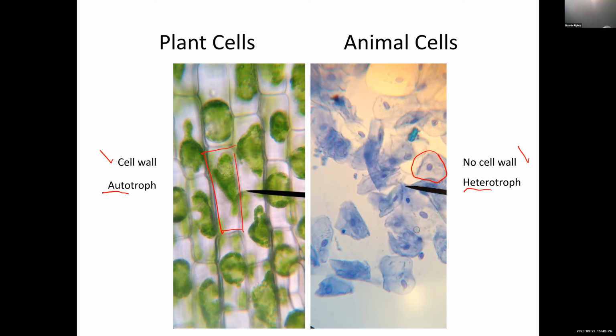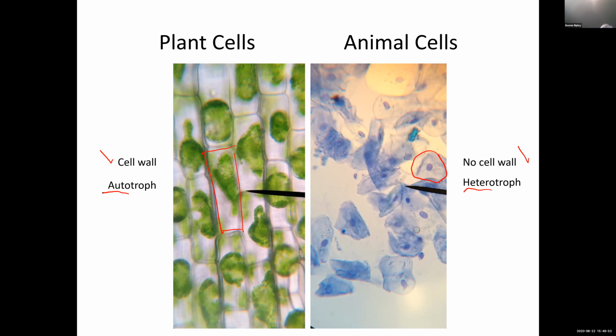The difference between their shape because of cell wall versus no cell wall. And if they're live and fresh cells, we'll be able to see that the plant cells have this nice bright green color typically, which reflects their ability to do photosynthesis. Now these particular animal cells that are on the right-hand side here are epithelial cells from the inside of a human cheek, and we will come back to that activity next week.